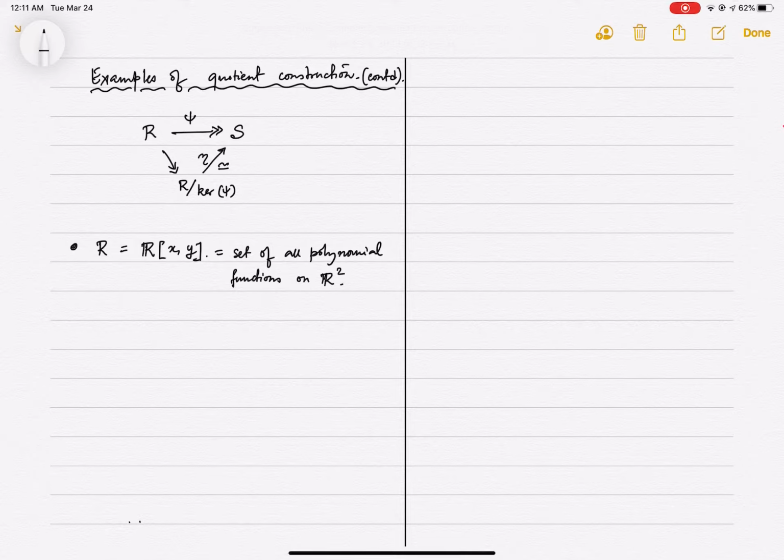And by functions, I mean just real valued functions, right? If you give me a two-variable polynomial and a point in the plane, I can calculate its value at that point and I get a number. So this is a function from the plane to real numbers.